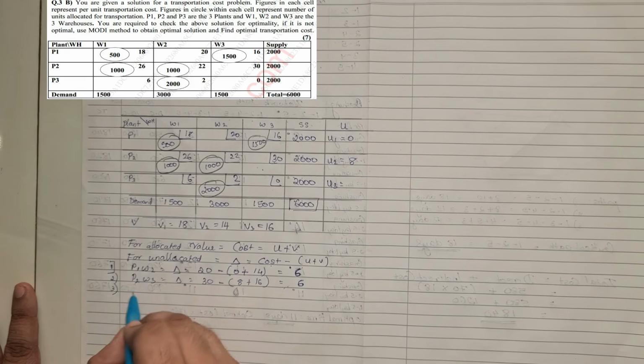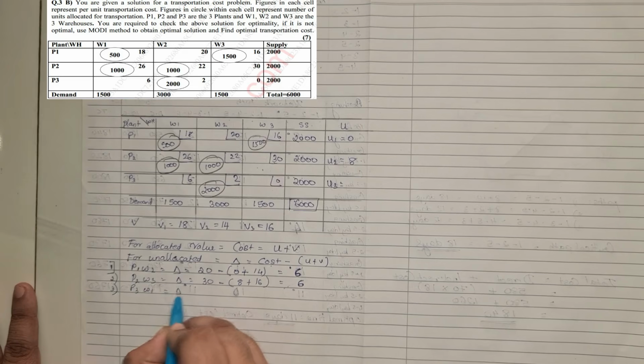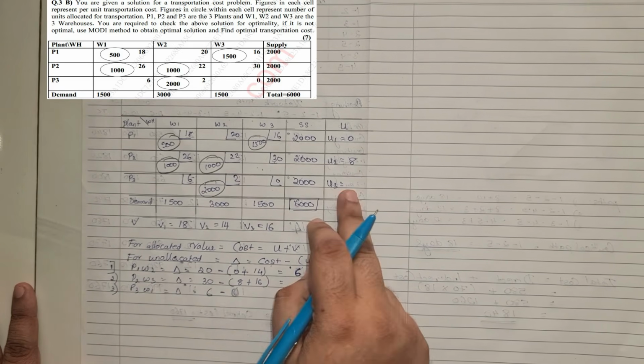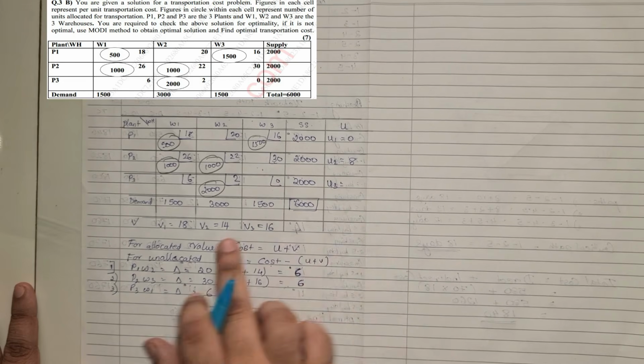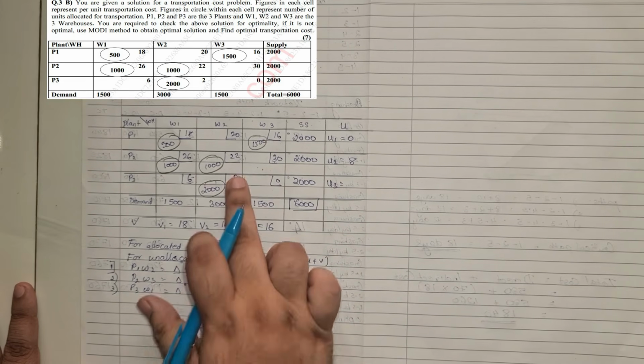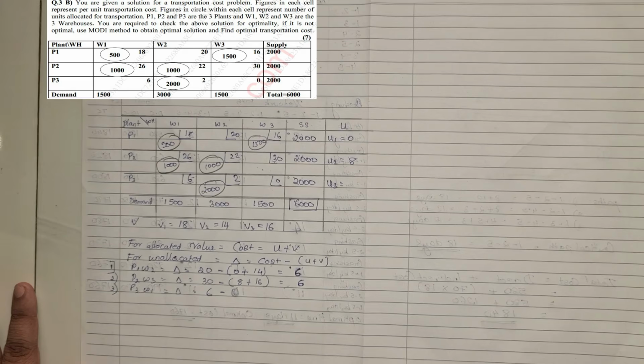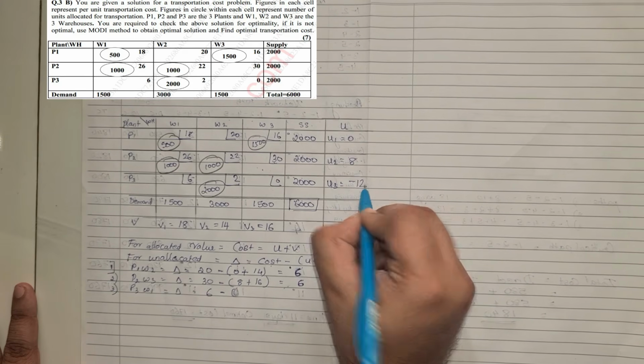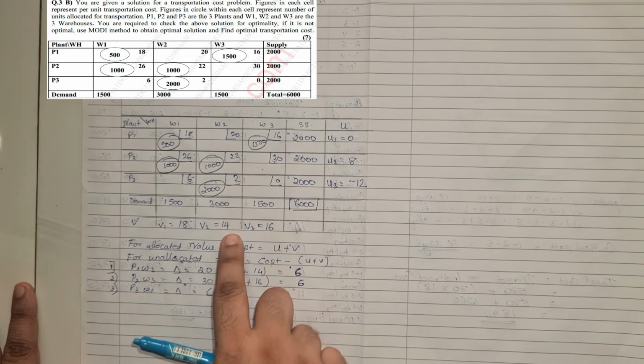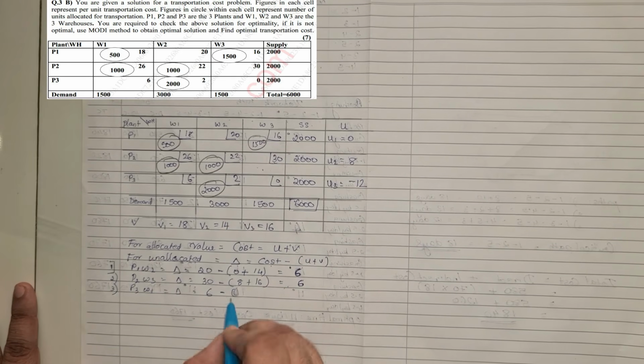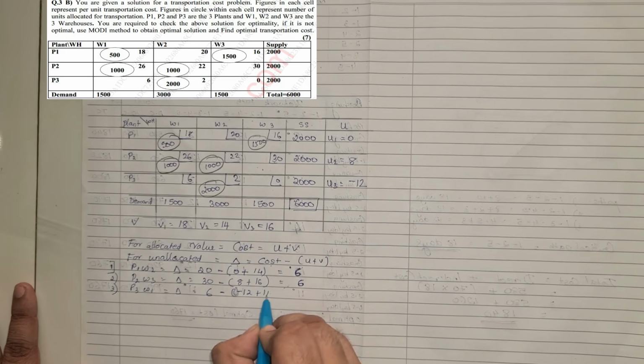Next is P3W1. Delta is equal to cost, which is 6, minus u. Okay, we forgot to find u3 here. So we'll first find u3. The cost was 2, so 2 minus 14 is minus 12. So u3 is negative 12.